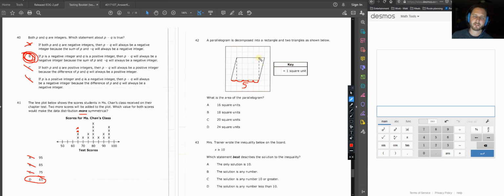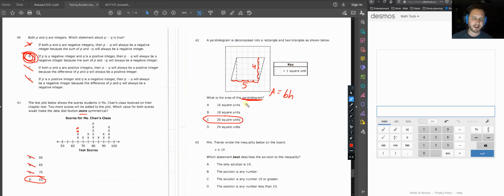And for the height, 1, 2, 3, 4 units. 4 times 5, 20. This is a parallelogram. The area of a parallelogram is just base times height. There is no divided by 2. You only divide by 2 if it is a triangle and only a triangle. This is not meant to be solved as 2 separate triangles.